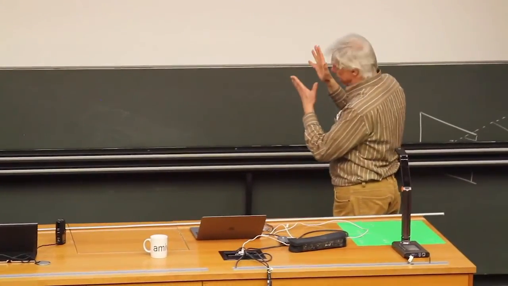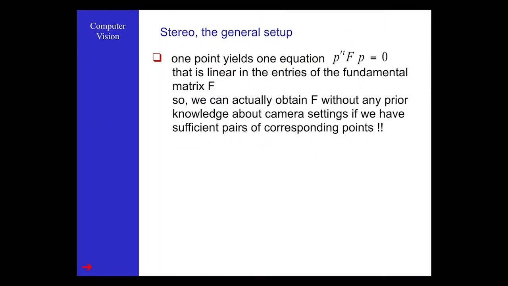If you take F, a 3 by 3 matrix, and P, a 3 by 1 matrix or 3 vector, that gives us a 3 vector again. And those are the line coordinates of the epipolar line on which P prime has to lie. By the way, this is highly symmetric. We will come back to that.